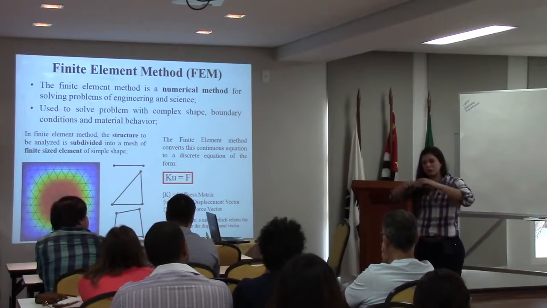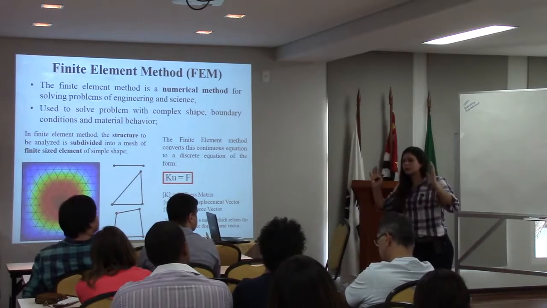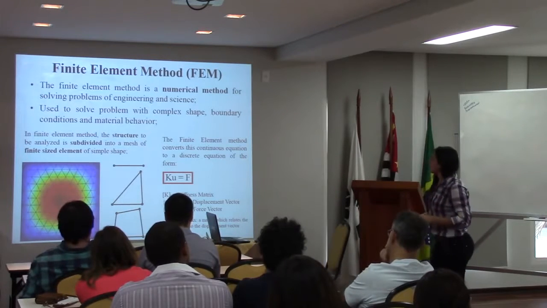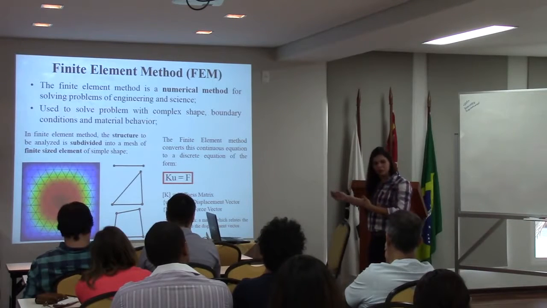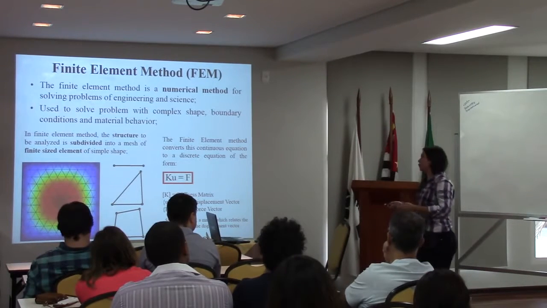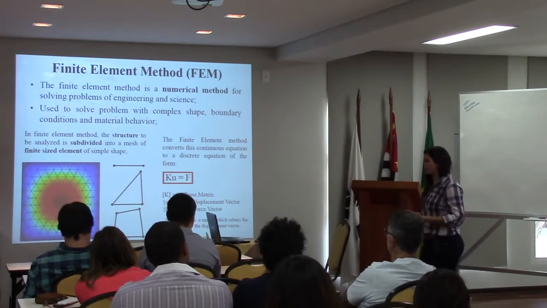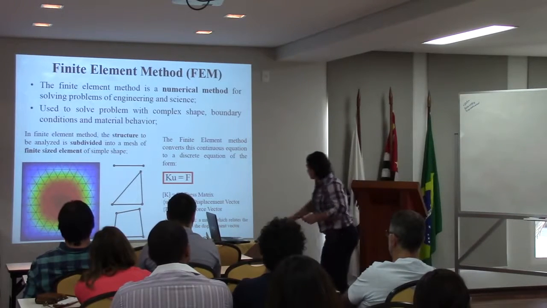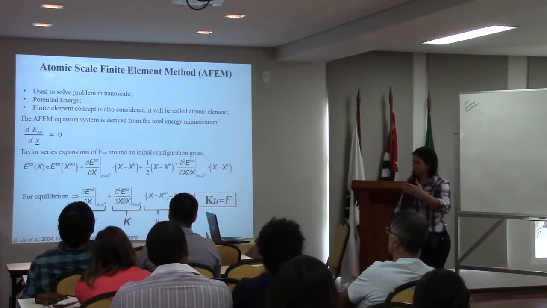You have the global stiffness matrix and global force vector for that problem. I'm going to show you the next topic, the equations, and you will be able to see that it's a similar equation.